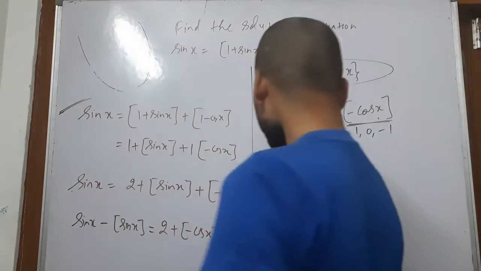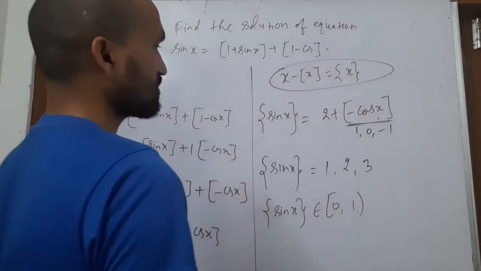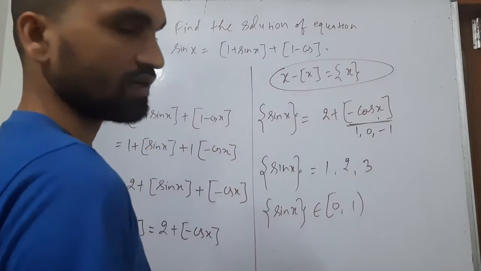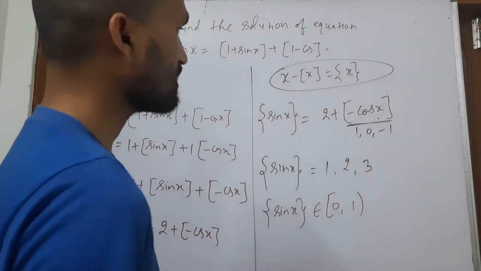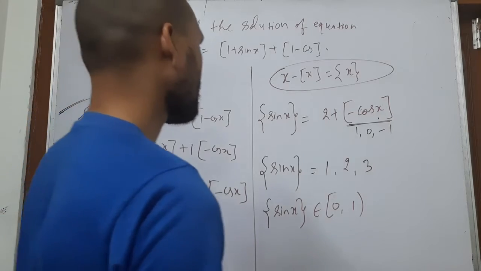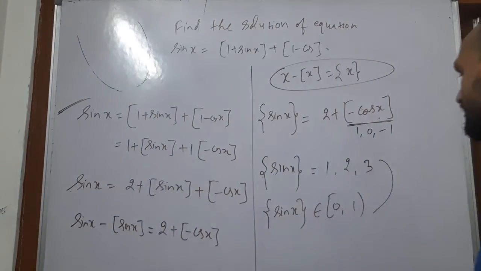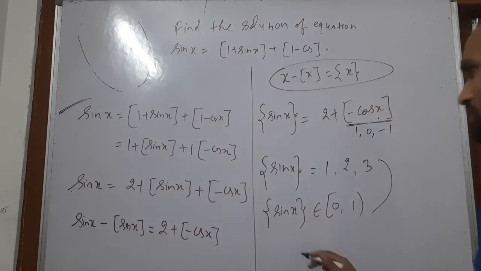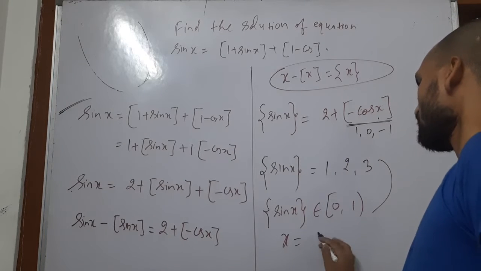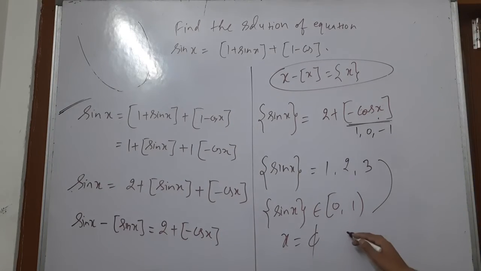So there is no such x which is possible. So these two results contradict each other. So there is no solution possible in this case.